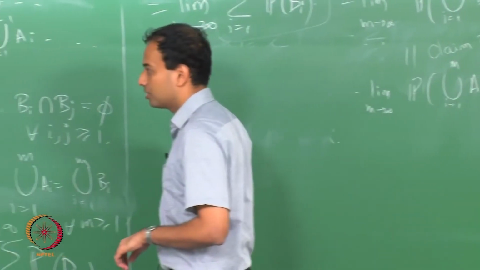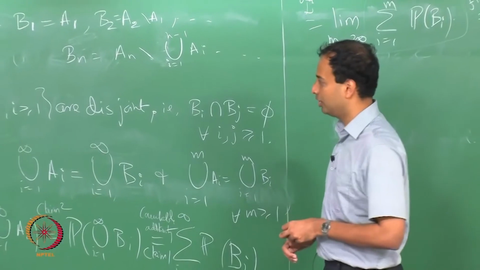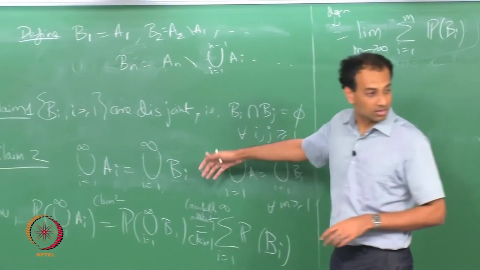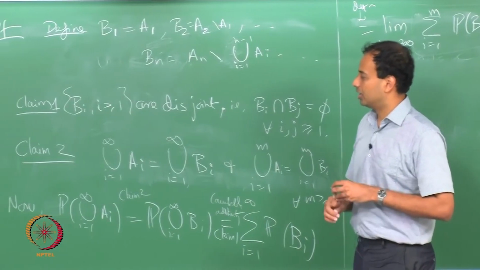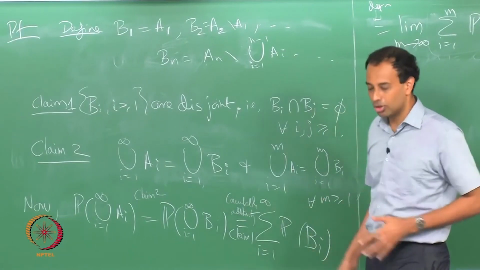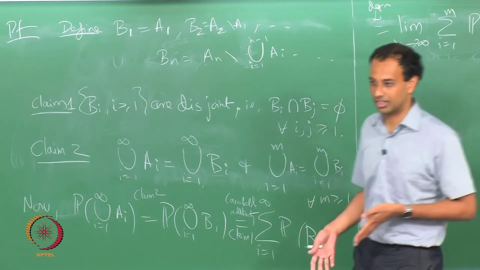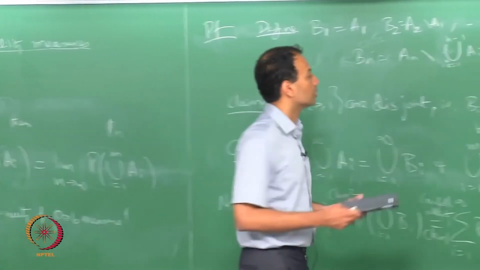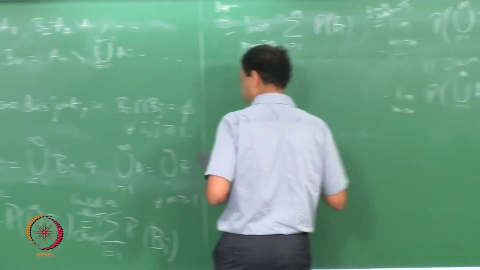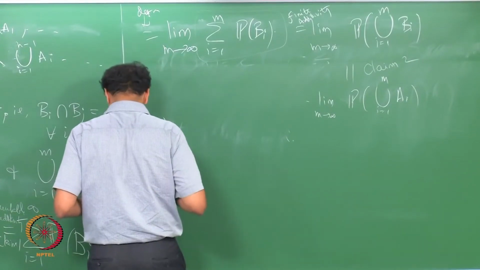Okay. So I will now state two more properties which are in fact corollaries of this continuity of probabilities theorem, but they are also important in their own right, so I am going to state them explicitly. This is property number 6.